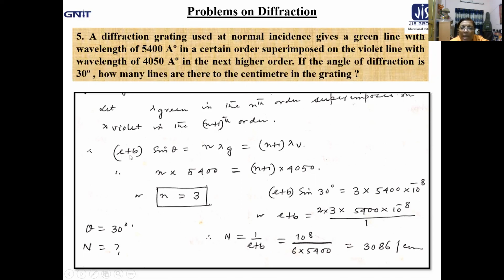Now (e plus d) sine 30, because the angle is given, n into lambda green. 3 into the lambda green value you put, you will get e plus d and find out N equal to 1 by (e plus d). If you try with this one, the answer will come the same. In that case, (e plus d) sine theta equal to (n plus 1), that means 4 into lambda V will come and you will get the same value. So the problem is something different. But I hope you understand, because you are very much familiar with similar types of problems we have done in interference.